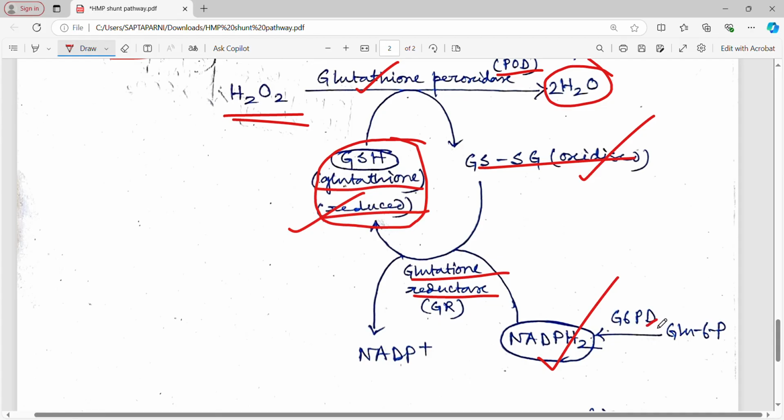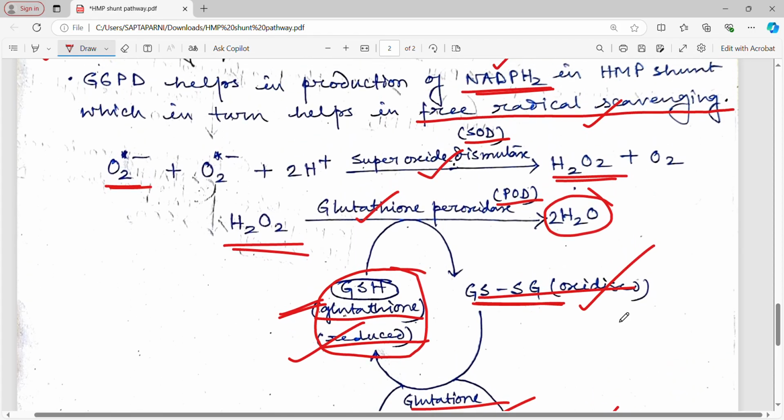So in conclusion, through the HMP shunt pathway, whatever NADPH2 we have got helps in the functioning of glutathione reductase. This glutathione reductase enzyme is necessary for converting oxidized glutathione into its reduced state, and this reduced glutathione in turn helps in the conversion of toxic H2O2 into non-toxic water molecule by helping glutathione peroxidase enzyme.